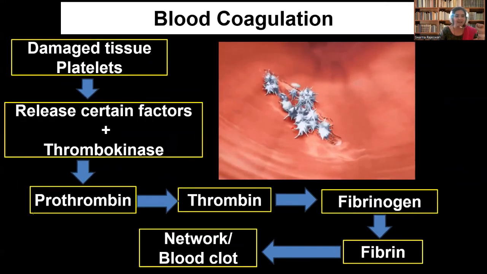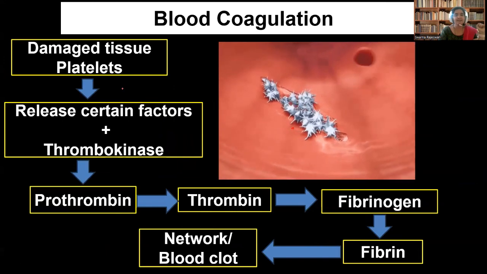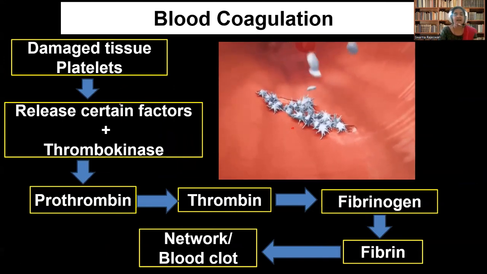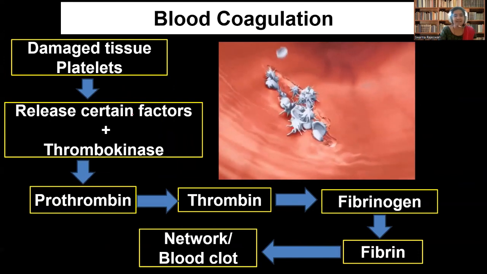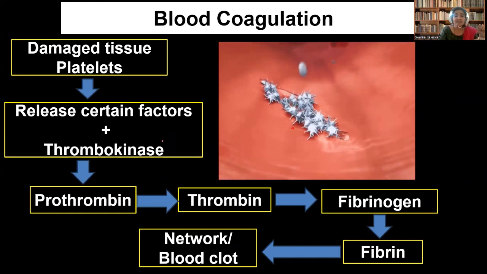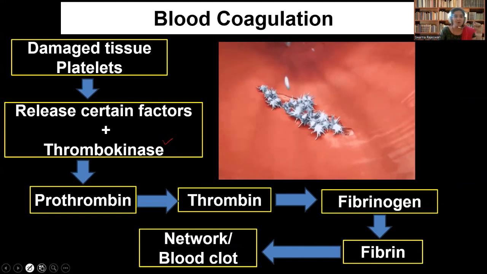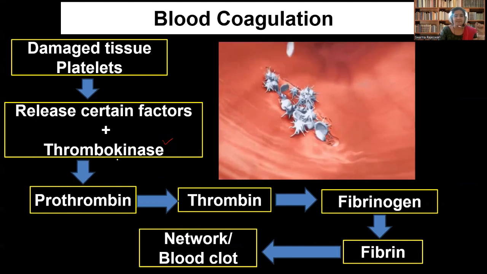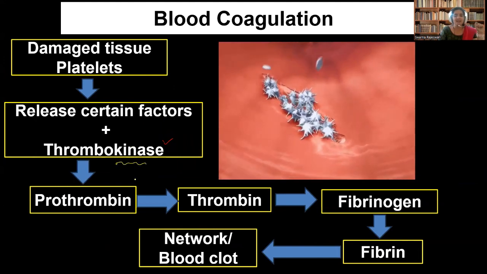So how do they coagulate? These platelets arrange themselves at the tissue place where there is damage, and they produce some factors along with the substance called thrombokinase.